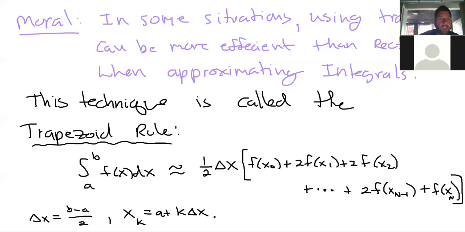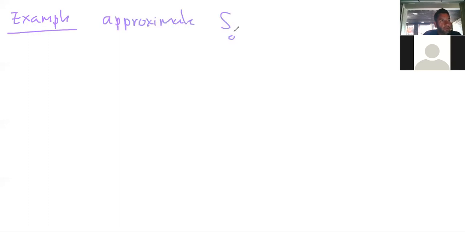All right, so let's do some examples because you guys love examples. So let's approximate the integral we did before. We know the exact value of this, so we'll practice on it.